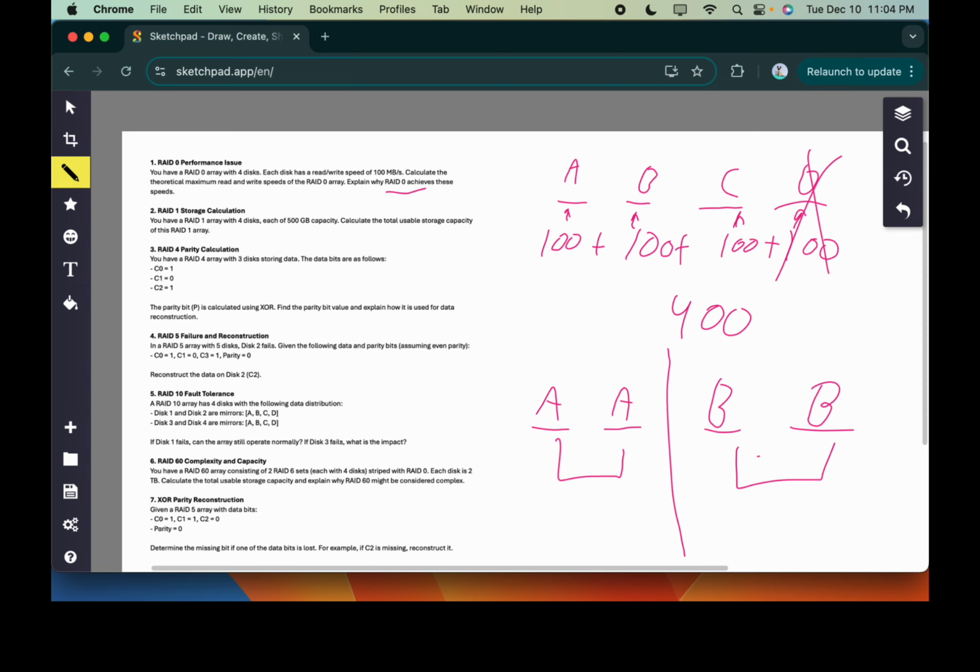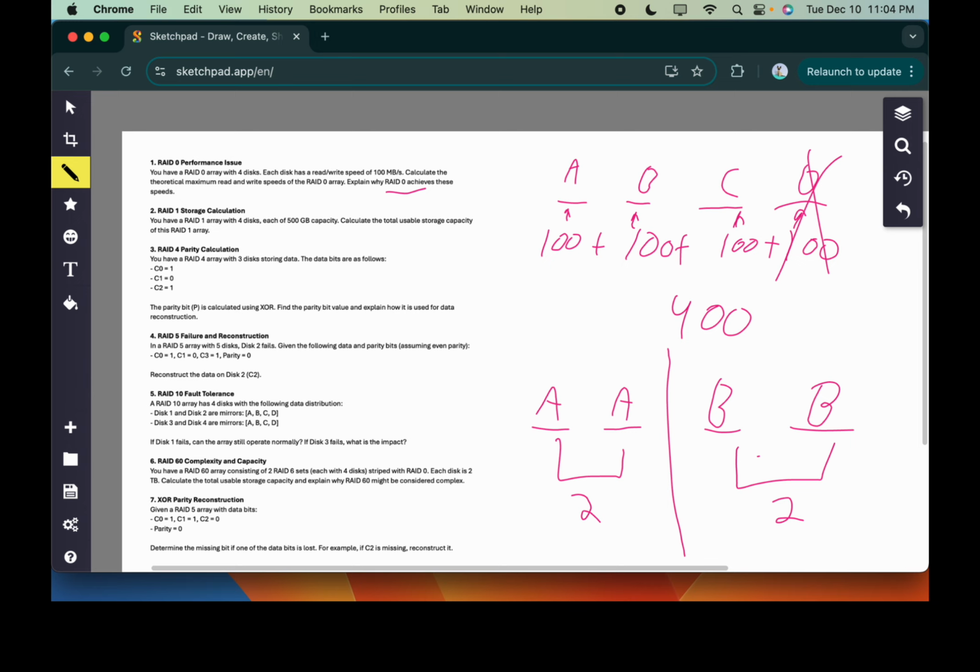Whenever you're doing RAID 1, you're always going to have the same number of mirrors as actual data disks. It always must be even. So 2 and 2, or you could have 6, 3 and 3, etc.